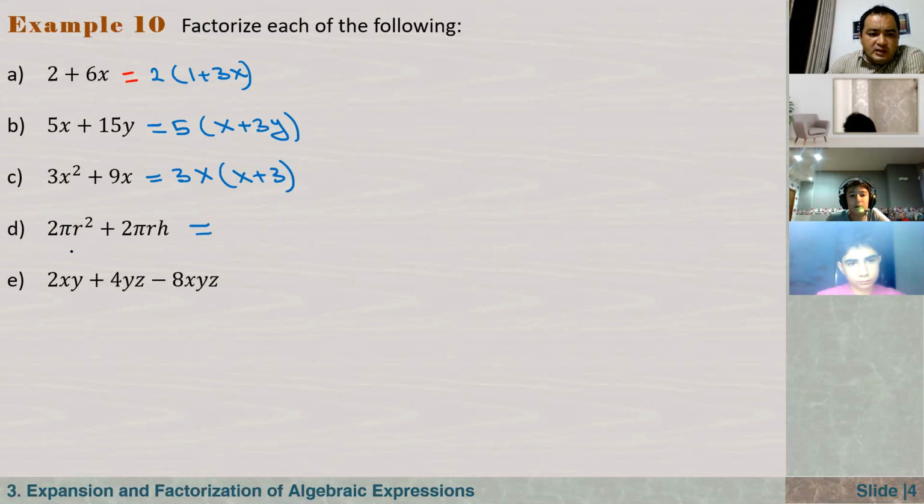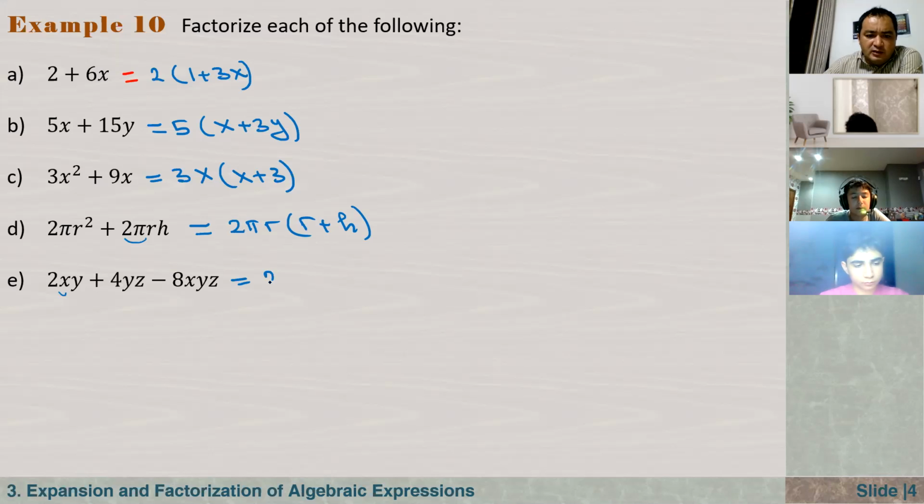And how about D? 2 pi r is a common factor. So take 2 pi r out, and here we have (r plus h). And how about E? The highest common factor of 2, 4, 8 is 2. And here we have x, y, z.